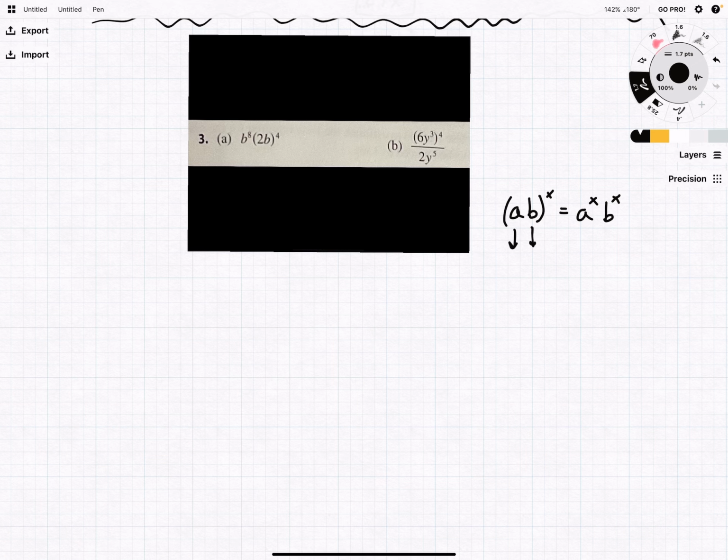They could be maybe 5 and 6 or anything. If you have two bases multiplied by each other to the x power, it's equivalent to each of those bases to the x power, and then you multiply them together. So anyways, that'll be for part B.